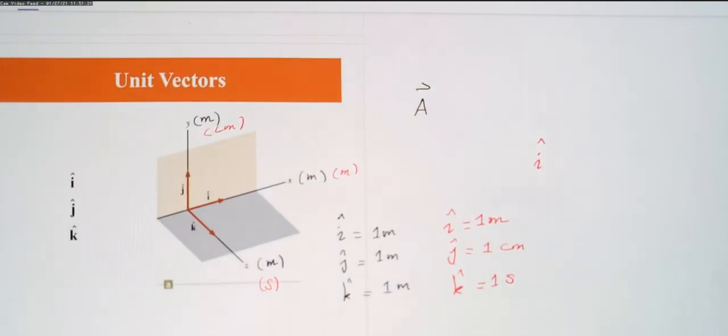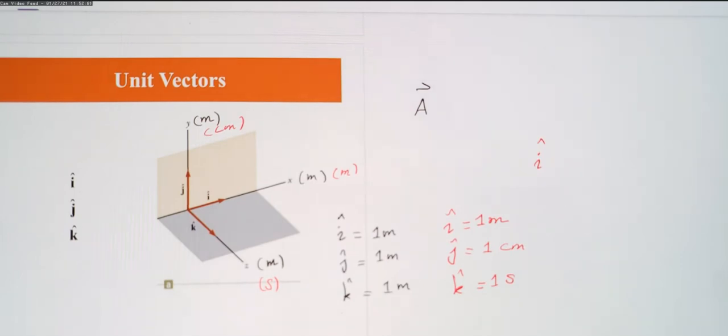Clear? That's a unit vector. The magnitude of that vector is 1, and i is pointing in the x-axis, j is pointing in the y-axis, k is pointing in the z-axis. No, that's arbitrary units, Adil. Just arbitrary units.